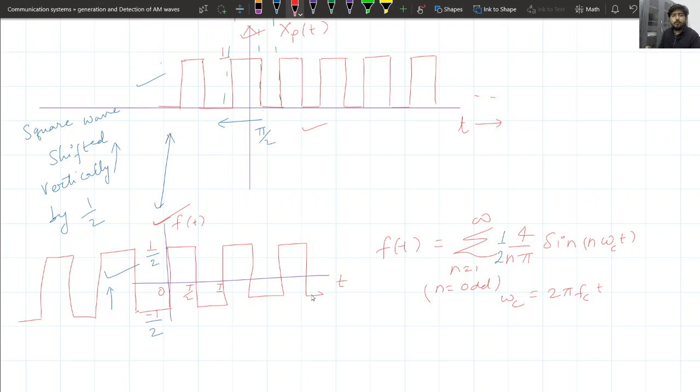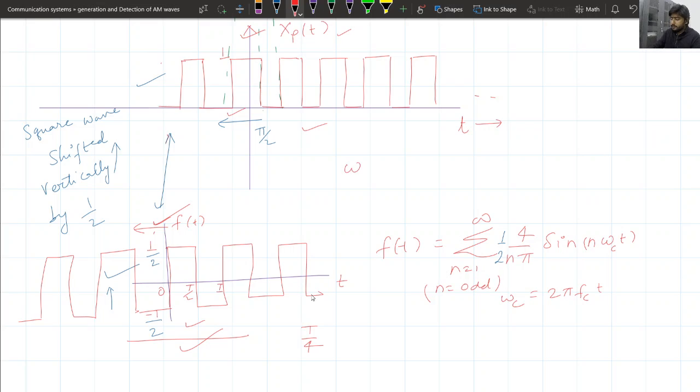Then if you closely look at this signal and shift it by a distance of t by 4, where t is its time period, you will get this curve xpt. How?